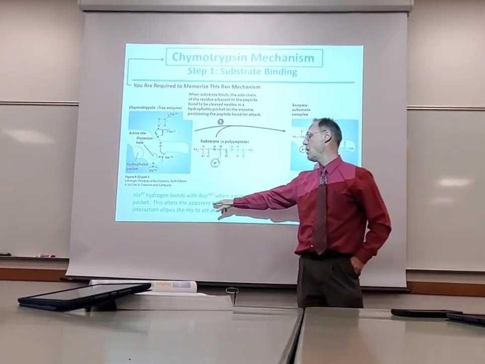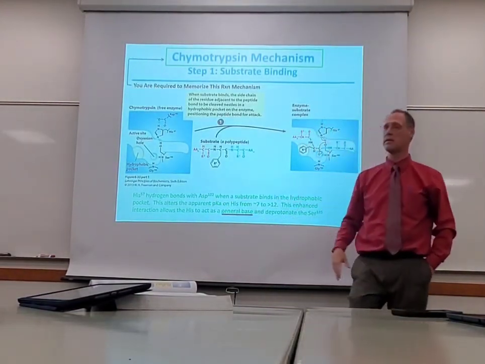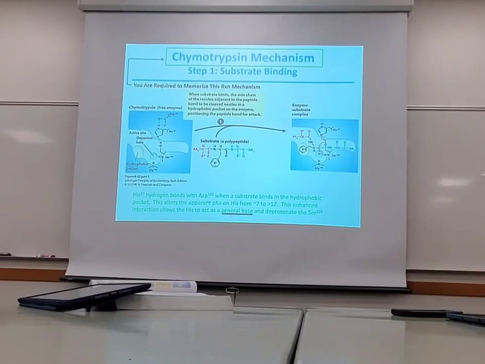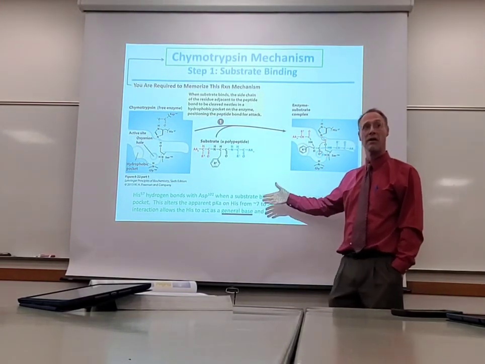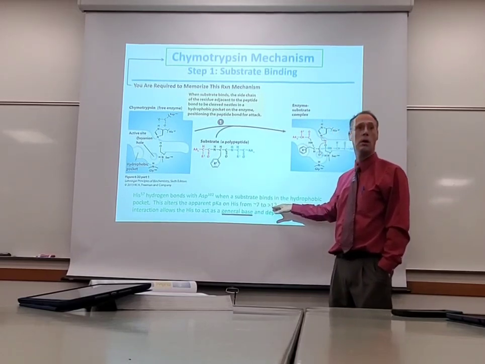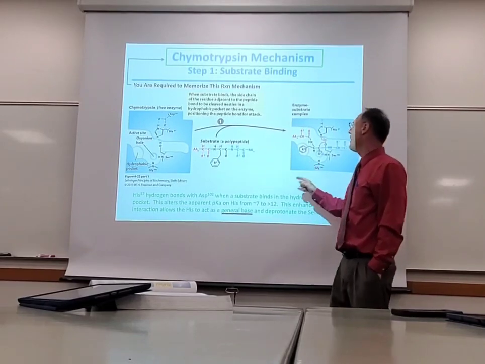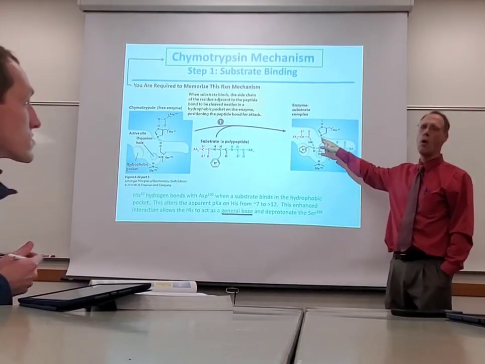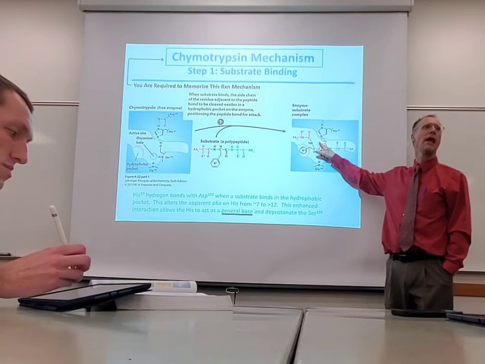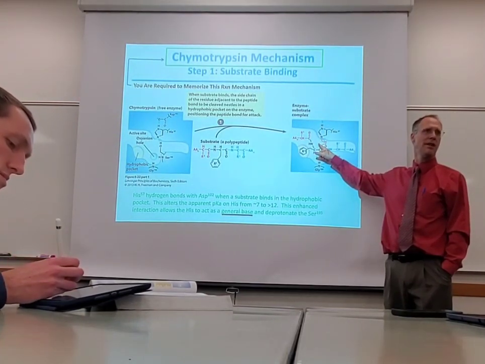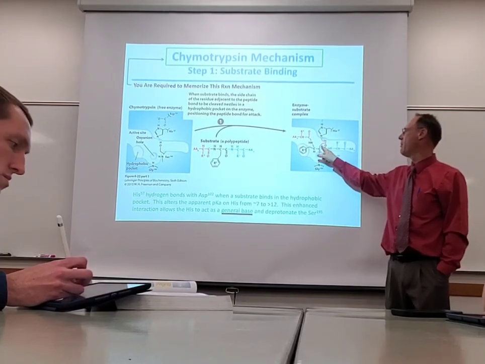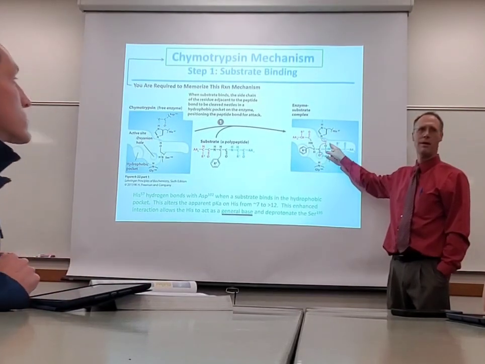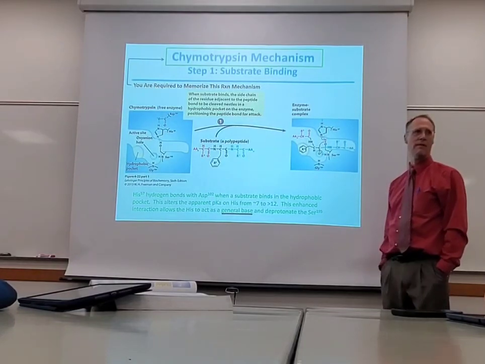And then the apparent pKa of the histidine moves from 7-ish, it was actually 7 on the native protein, but now that there's something in it, it moves up to greater than 12. At that time, the histidine's so hungry on its protonatable amine that it's going to attack the other member of the catalytic triad, the serine 195.